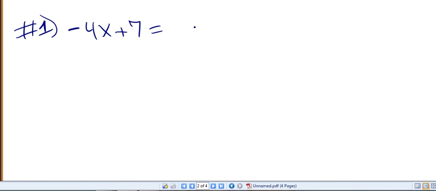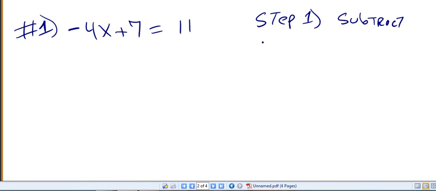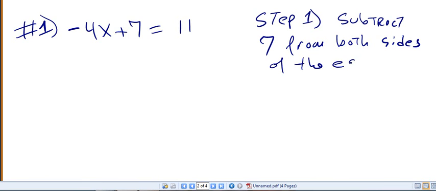So this is number 1: negative 4x plus 7 is equal to 11. Remember in class we said step 1 is to subtract 7 from both sides of the equation.